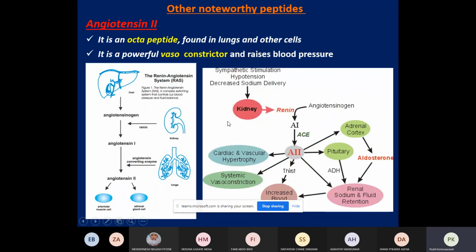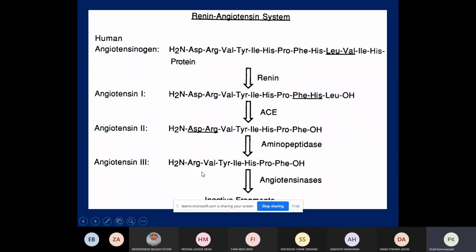And then we have angiotensin 2, which is an octapeptide. You can see here, this is formed from angiotensin 1, which is in turn formed from angiotensinogen, and it is a part of the renin-angiotensin system.